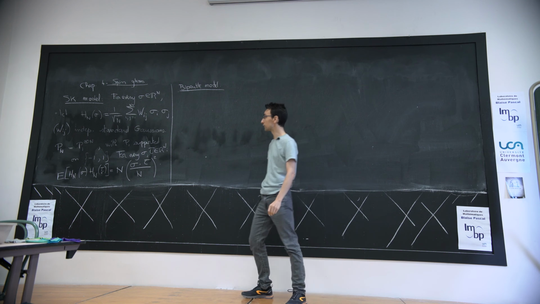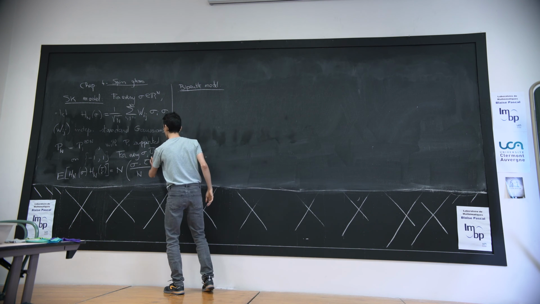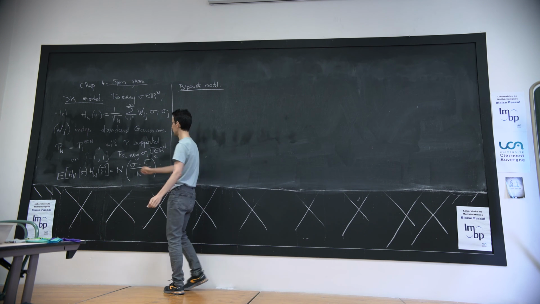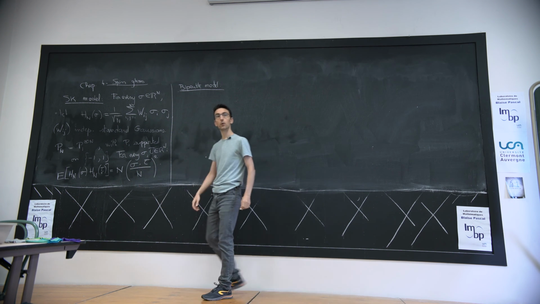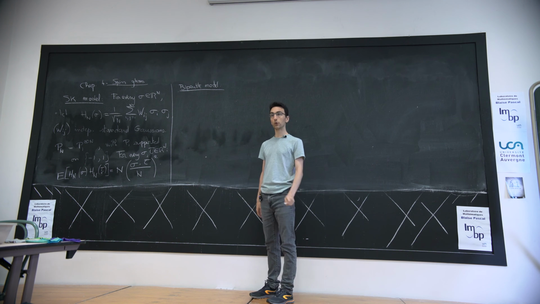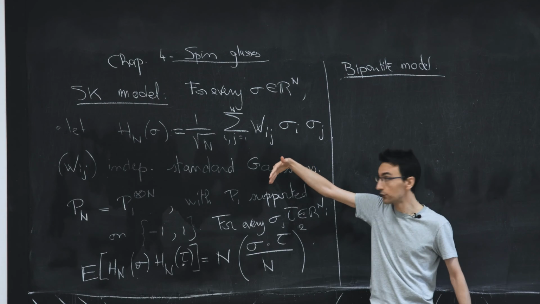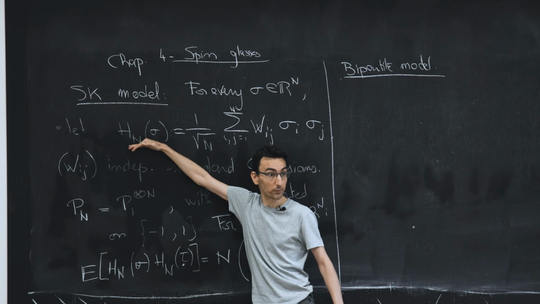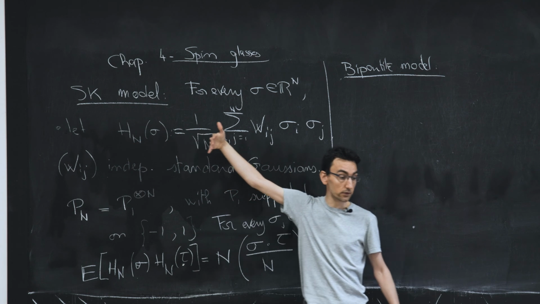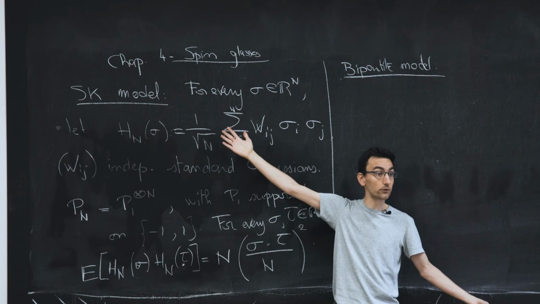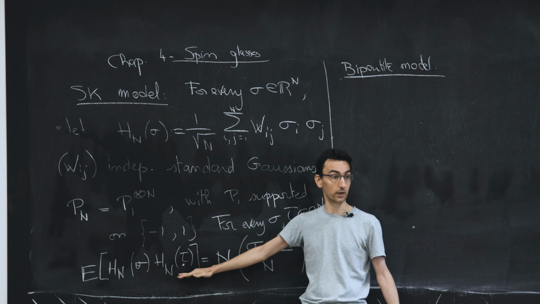What you get when you calculate the covariance is the square of the scalar product between sigma and tau. Equivalently, I could have told you: define H_n of sigma to be the unique centered Gaussian field whose covariance is given by that.